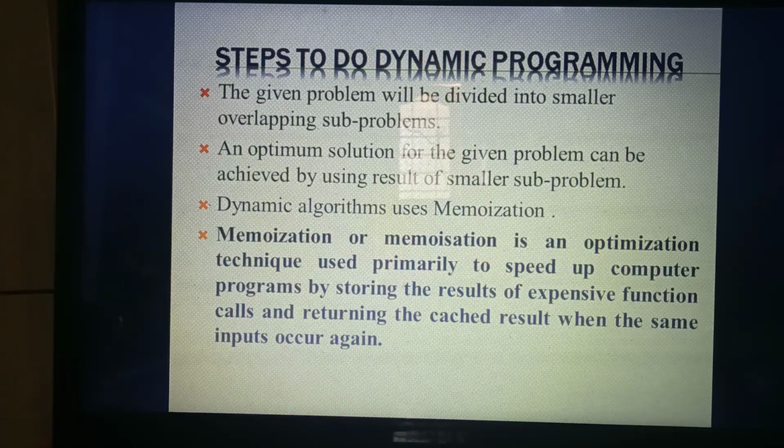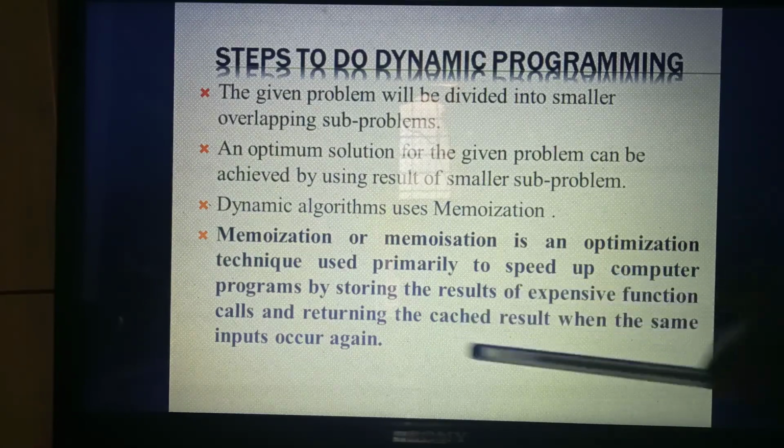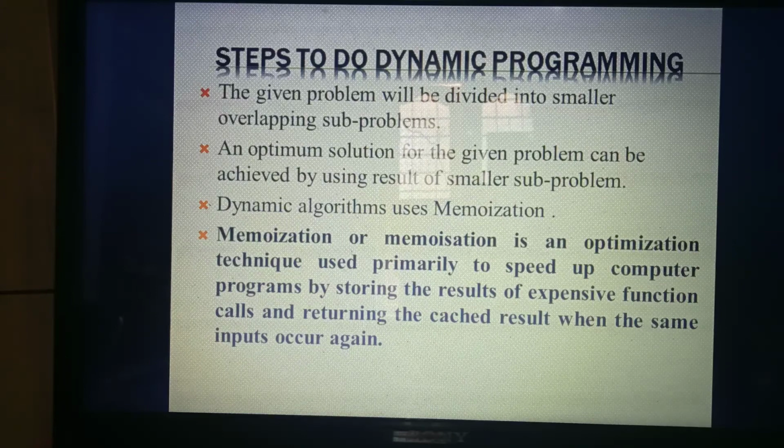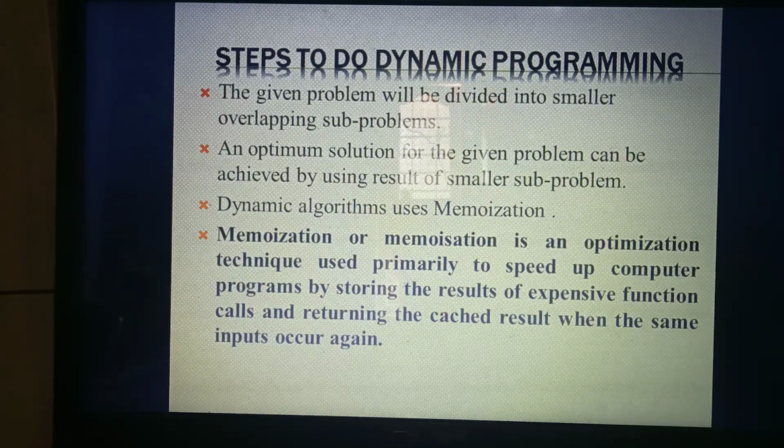So instead of typing that function again and again, I just need to call the function name. That's enough. Likewise, to take a particular result, you need to store the result in one memory called cache memory, that is, the cache result. If you need the same result or same input again and again, instead of computing the result again and again, you store it in a particular place. That is called the cache result. Understand?